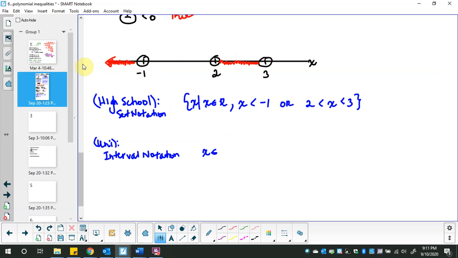So in this case, we're going from way out here to the left, which hopefully you realize is -infinity. And we're coloring all our way up to -1. Then we're taking a little break. Now, I'm not done here. We're starting our coloring back at 2, and we keep coloring till 3.